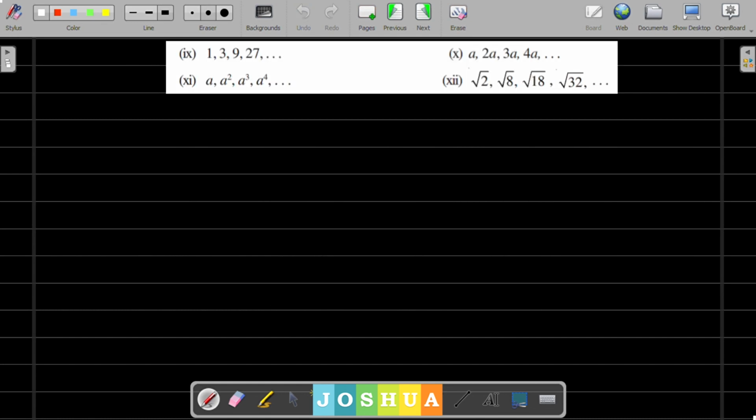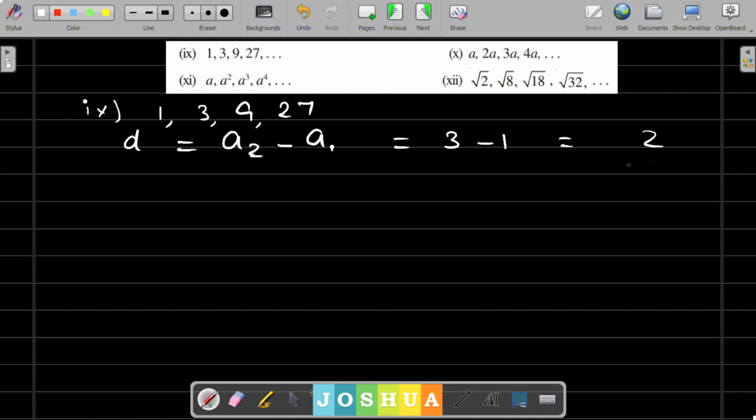Now move on to the ninth question. The ninth question says 1, 3, 9, 27. First I'm going to find the difference. D is equal to the second term minus the first term. The second term is 3, the first term is 1, so the difference is 2.